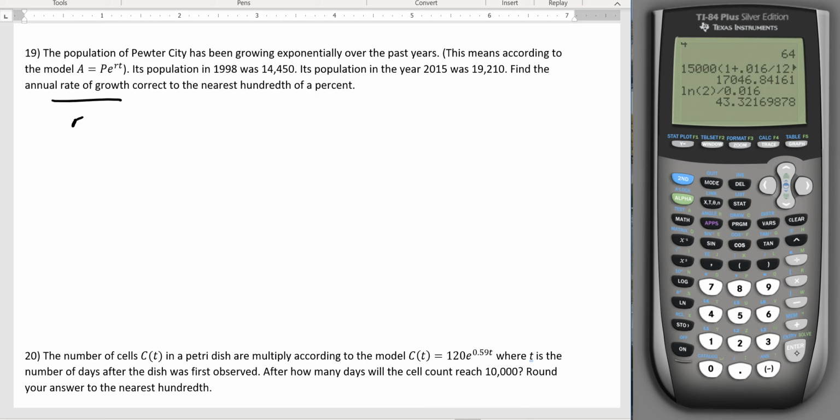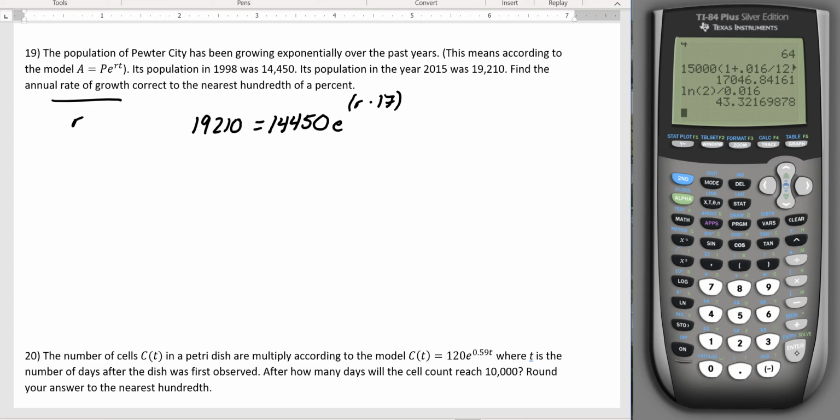So my final amount was 19,210. My initial amount was 14,450. E, throwing some Euler there. R, I don't know. T would be 2015 minus 1998, which is 17.